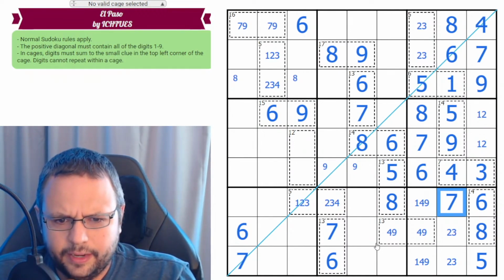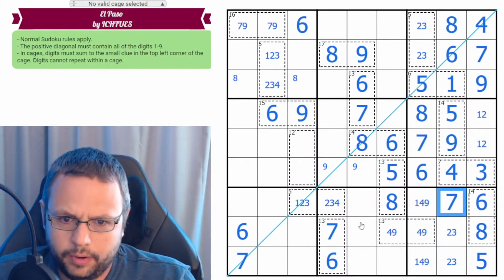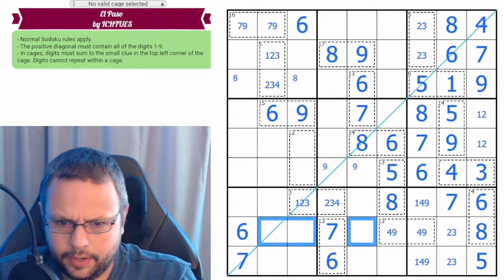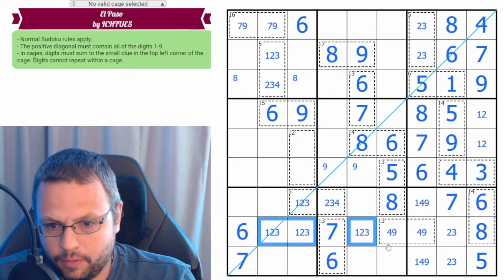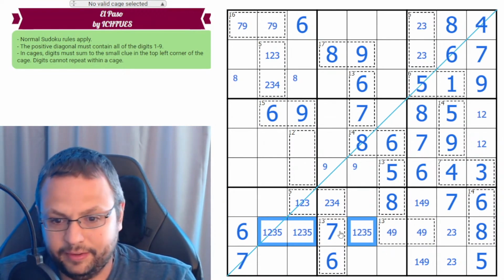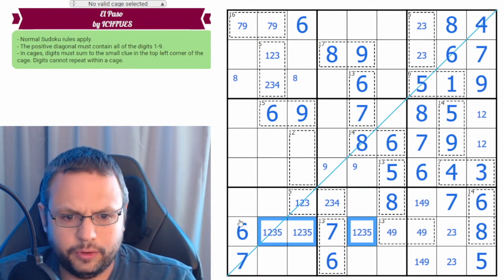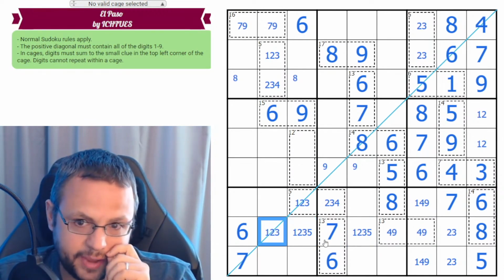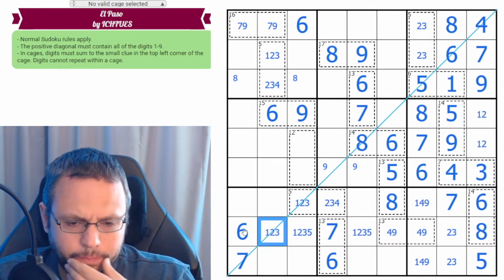Let's see. This row, let's go ahead and fill in. Sorry, we need a 1, 2, 3. We've got 4. We need a 5. We've got 6, 7, 8, 9. So these are from 1, 2, 3, 5. I can't have a 5 again on the diagonal. I've already got a 5 on the diagonal.